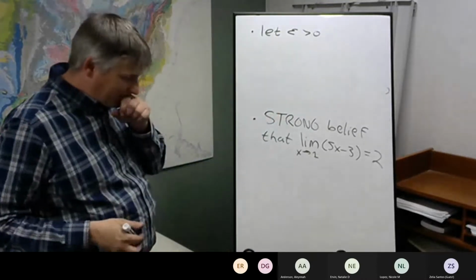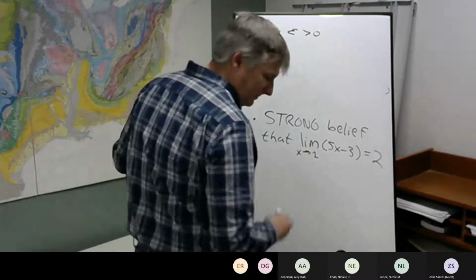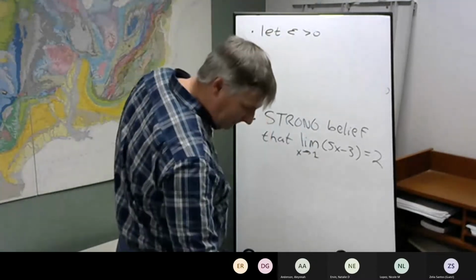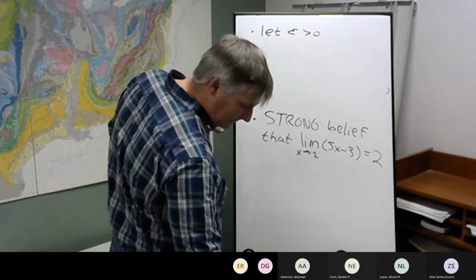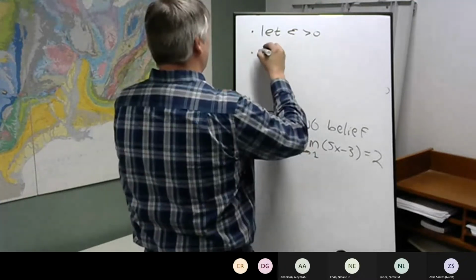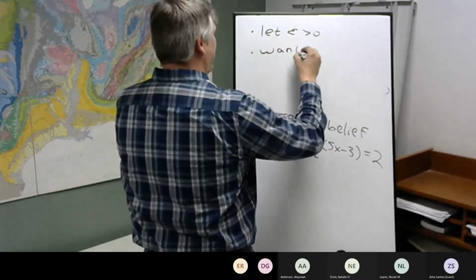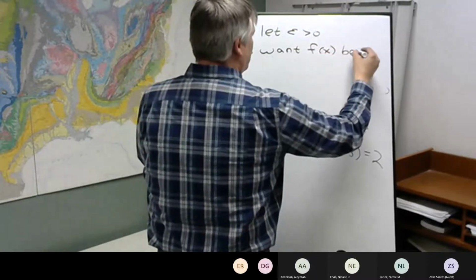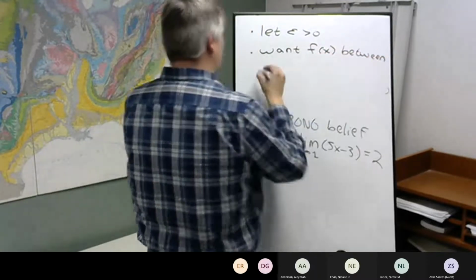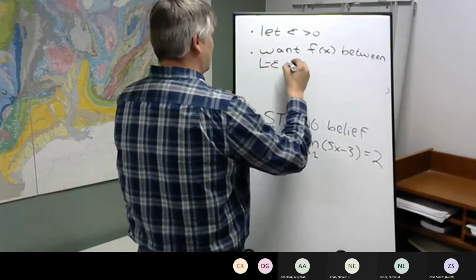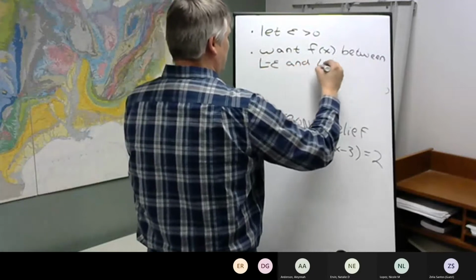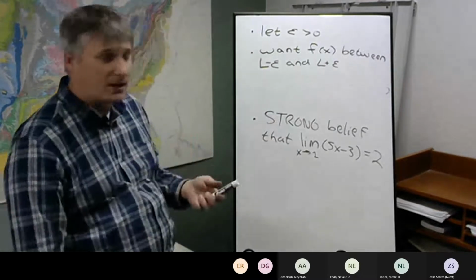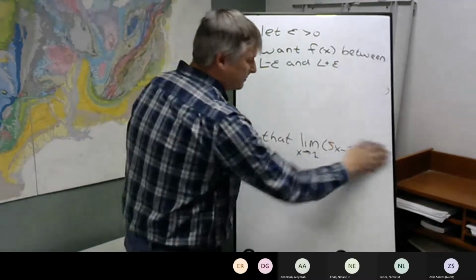So what we're going to do, we want to find x, or f of x, between the limit minus epsilon and the limit plus epsilon.